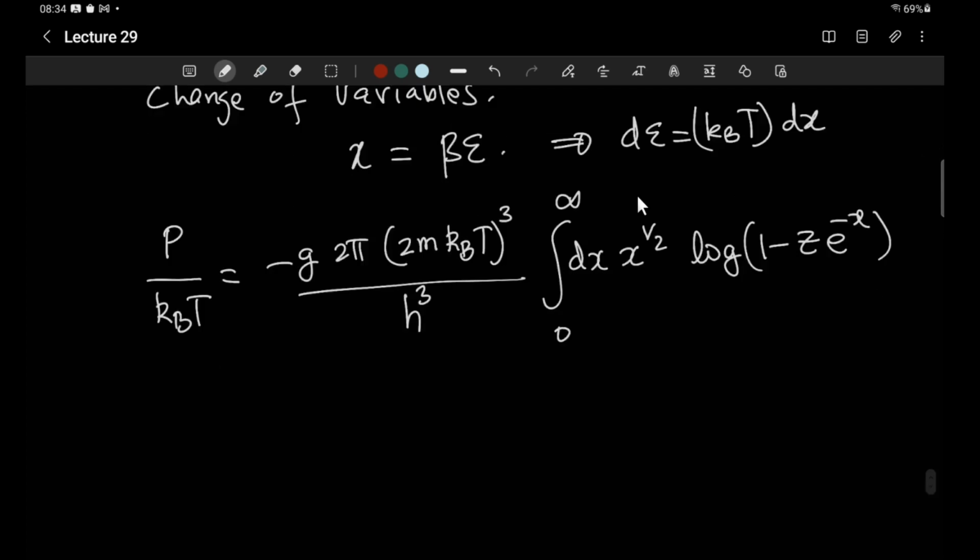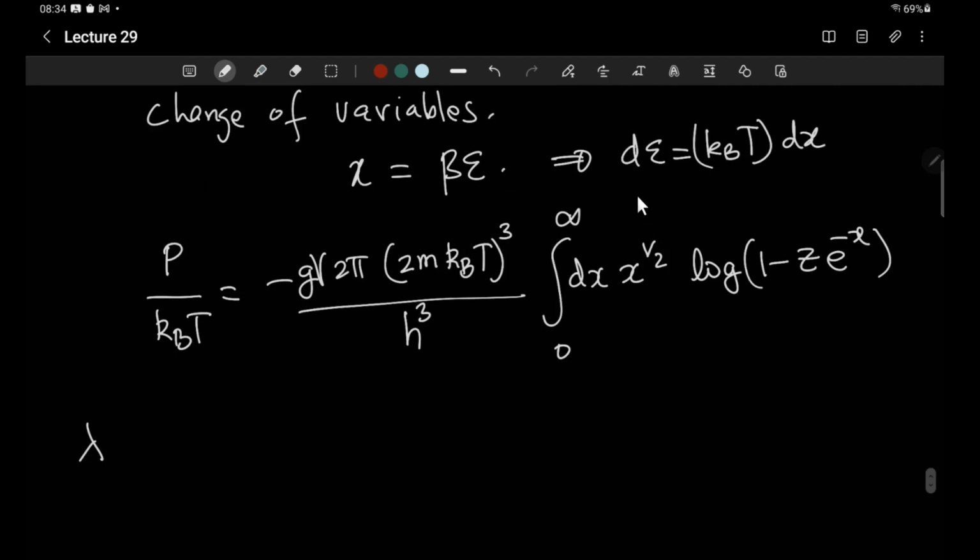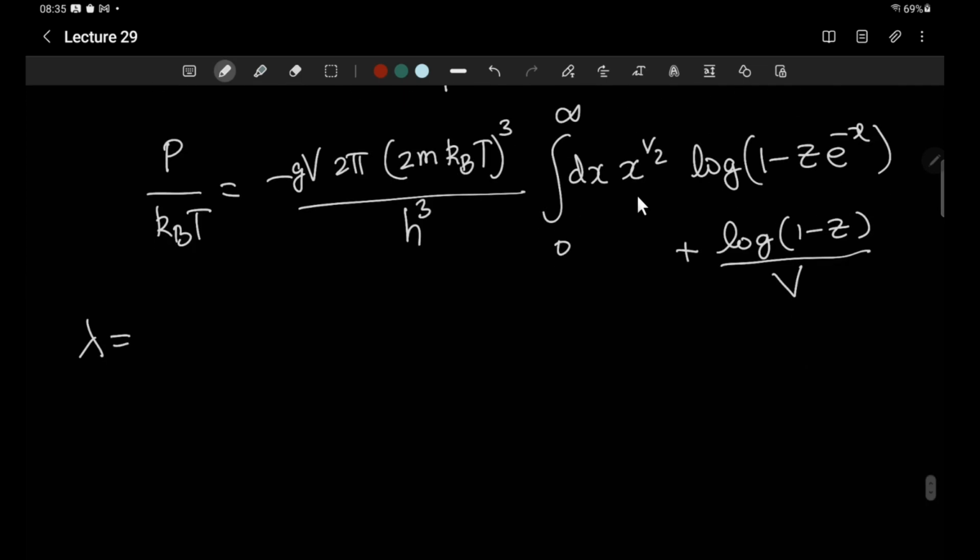Now recall, there's a V factor I forgot. Let me define lambda to be... So V won't be there in the first term because we divided by V. Thanks.